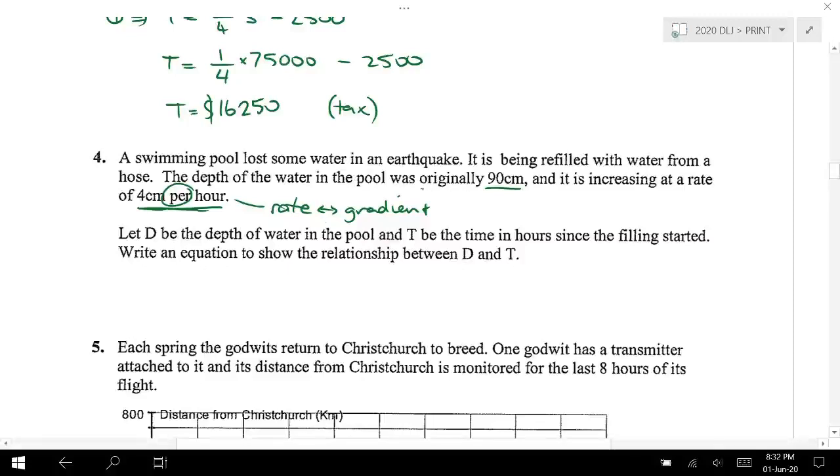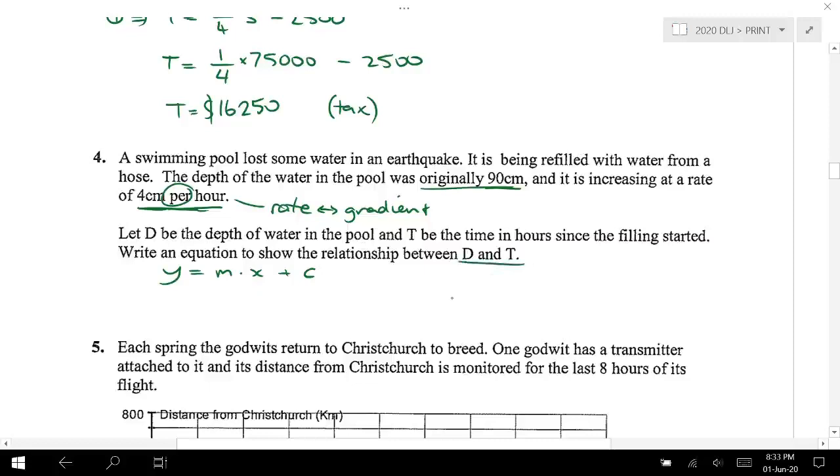And this original 90 centimeters, that's likely to be our starting point. That's where it started. So let D be the depth of water and T be the time in hours. If we're following y equals mx plus c, D and T are new variables instead of y and x.